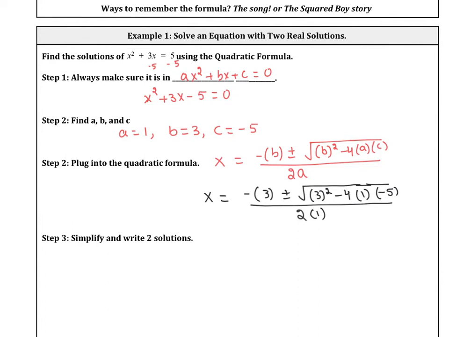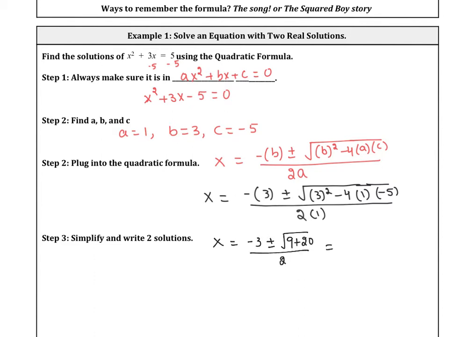So you're plugging a, b, and c into this formula. b is 3, b is 3 here, a is 1, and c is negative 5. And on the bottom you have 2 times 1. Now we're going to simplify this to find the solution. So you get negative 3 plus or minus the square root of 9 plus 20, divided by 2.